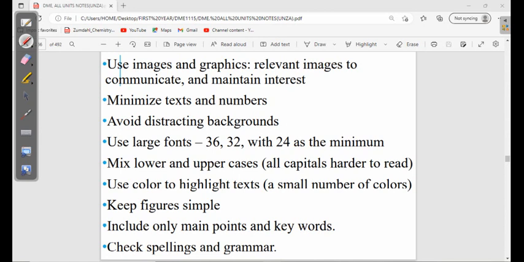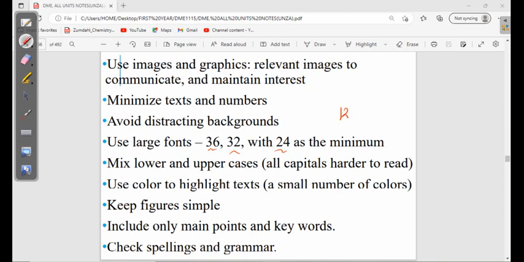Also avoid distracting backgrounds. Imagine even just this page that I have here, the background has snakes and some other things. Those are distracting. So you need to use a background that is not distracting, and you need to use large fonts like 36, 32, 24. Imagine you use a font of 12 and this is a very big group of people.